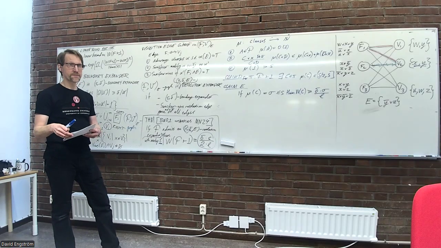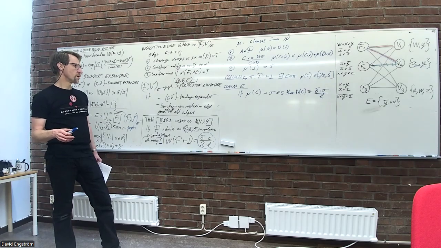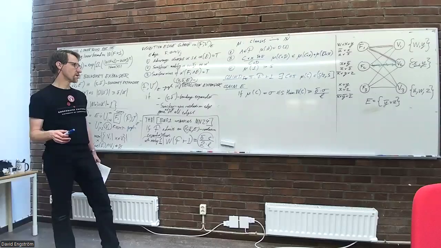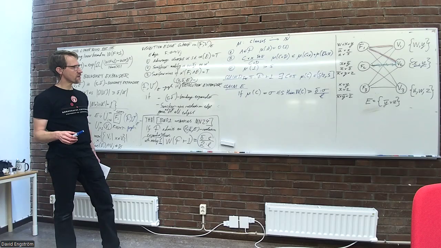Do you really want the open interval there for claim B? I think so. I mean, this is very robust, but I think, yeah, because you have a strict inequality. I mean, there's a lot of robustness here. It's not important.